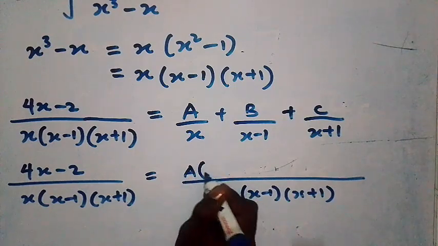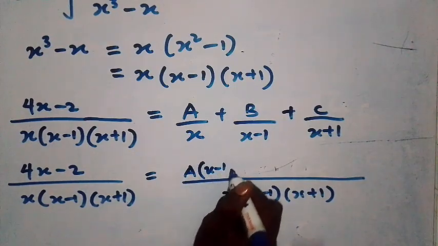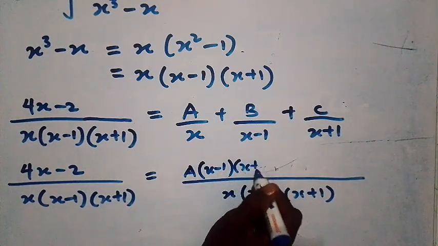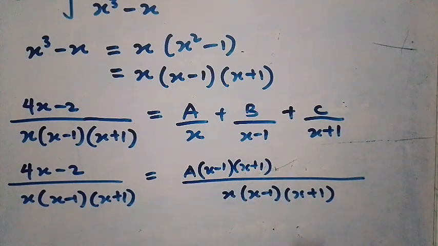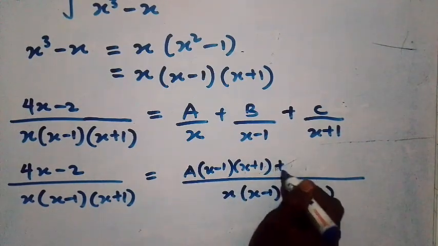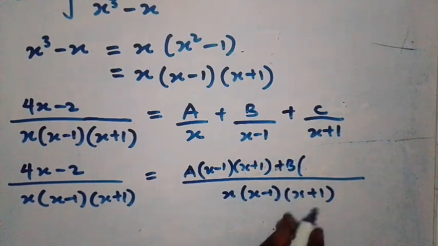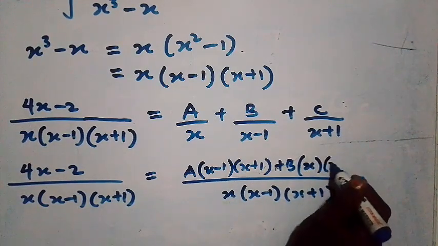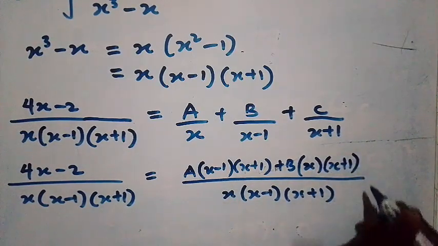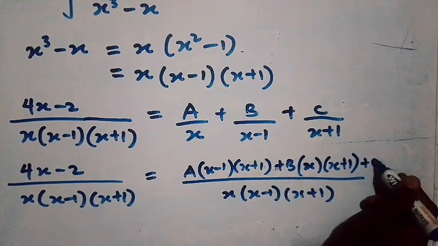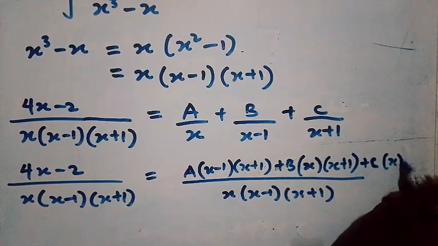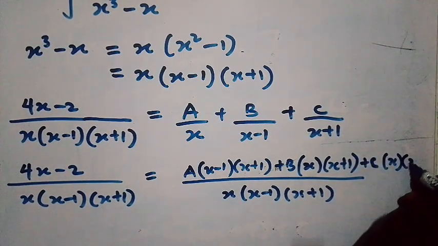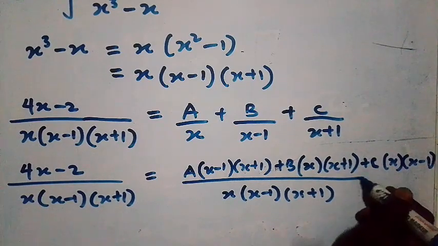Then we have A times (x minus 1)(x plus 1), plus B times x(x plus 1), plus C times x(x minus 1).